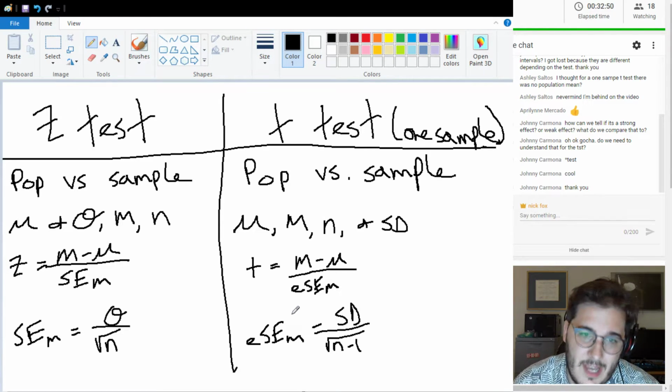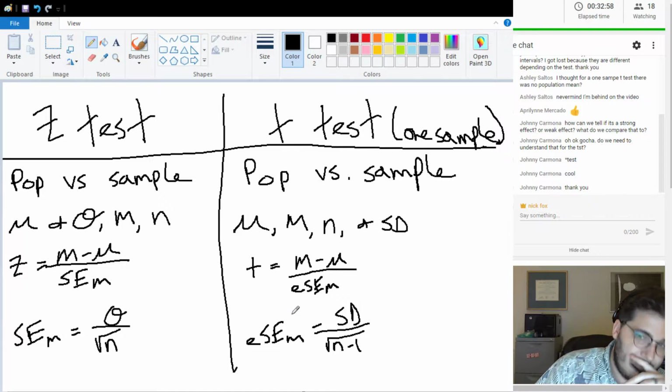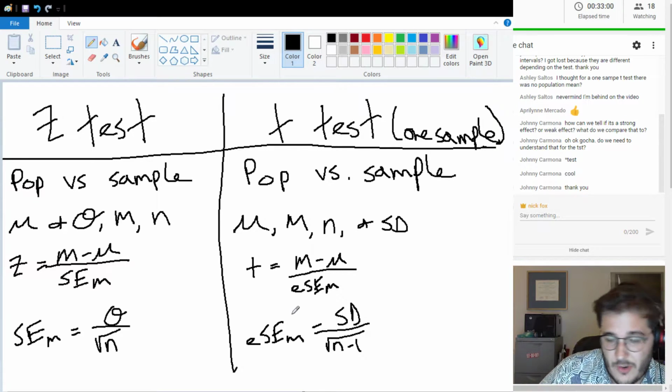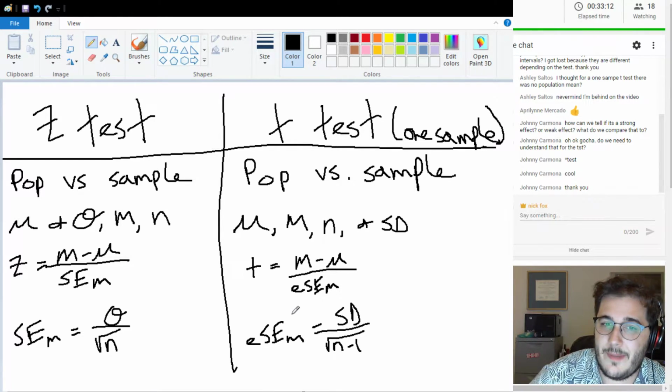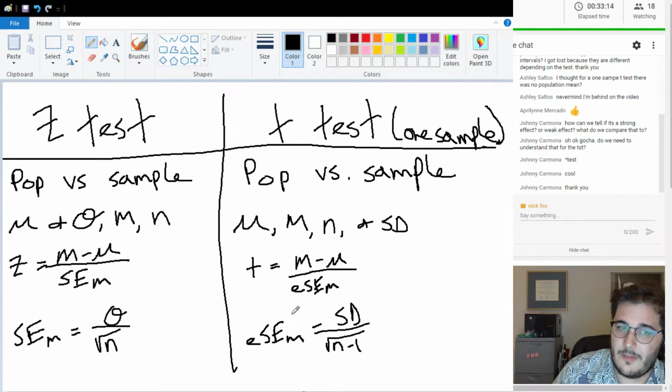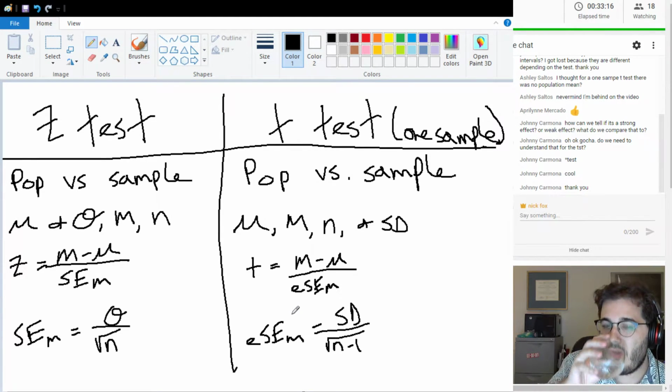You want your estimator to be almost identical, if not identical, to the actual number that you want, the standard error of the mean. So you have to do this square root of n minus 1 to correct for that. So you make the denominator smaller, which winds up making the estimated SEM a little bit bigger. It's just an important rule. It tends to be that the standard deviation in a sample is a little bit smaller than the population.